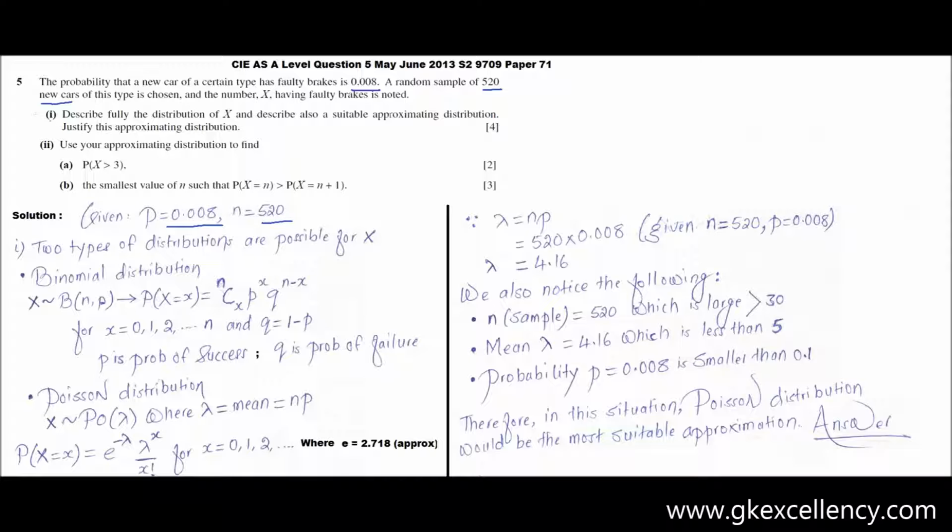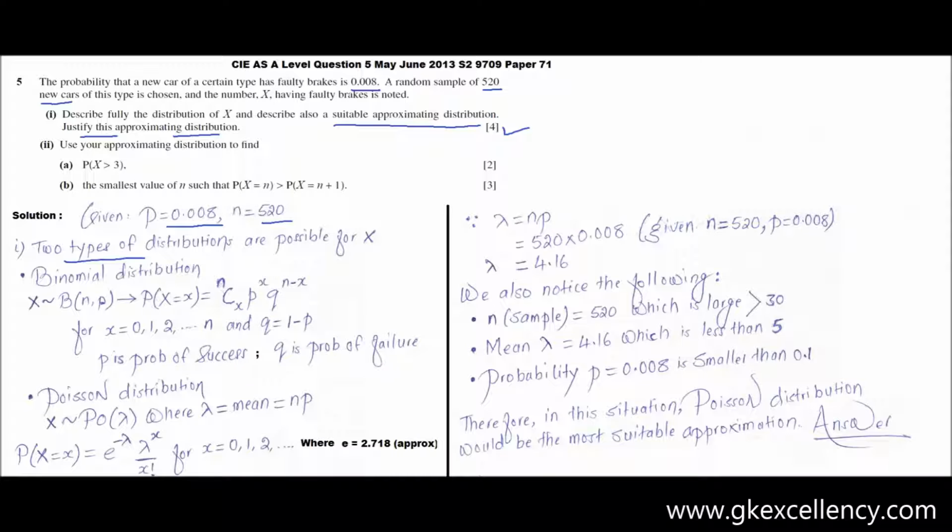Part 1 says describe fully the distribution of X, and describe also a suitable approximating distribution and justify this approximating distribution. This question carries 4 marks. We know the two types of distribution we have seen so far.